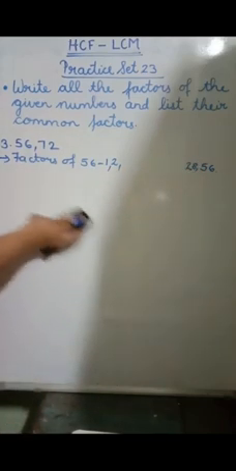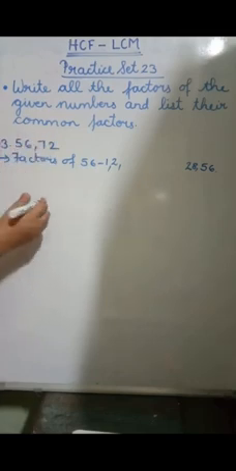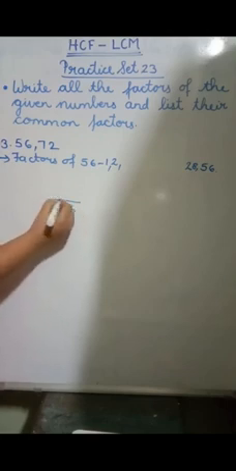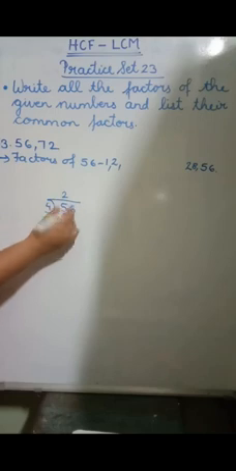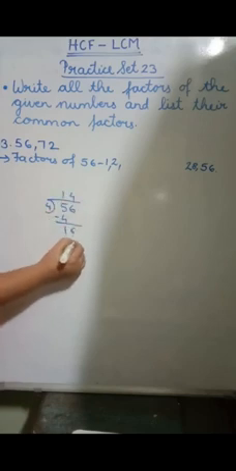Okay. Next, the 3 table. Just add the digits: 5 plus 6 is 11. Is 11 coming in the 3 table? No. Then 56 will also not come. Next, the 4 table. We'll check. Divide the last 2 digits. What are those? 56 only. 4 ones are 4, 4 fours are 16.